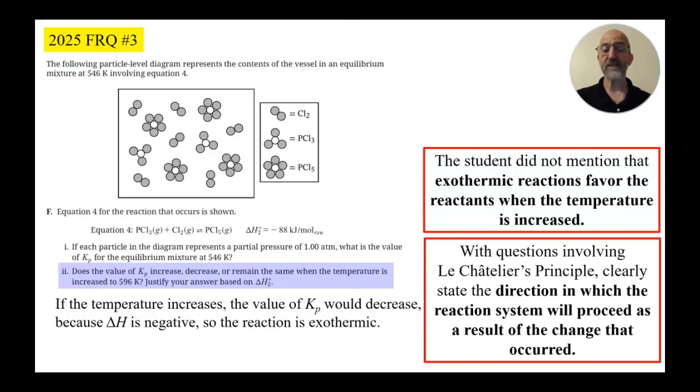So with questions involving Le Chatelier's principle and temperature in this case, clearly state the direction in which the reaction system will proceed as a result of the change that occurred. This is not a Q versus K situation. This is a temperature went up, the reaction is exothermic, and there will be a net conversion from right to left, causing the value of K to decrease.